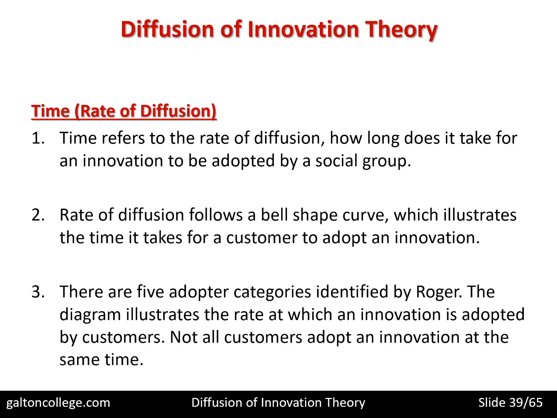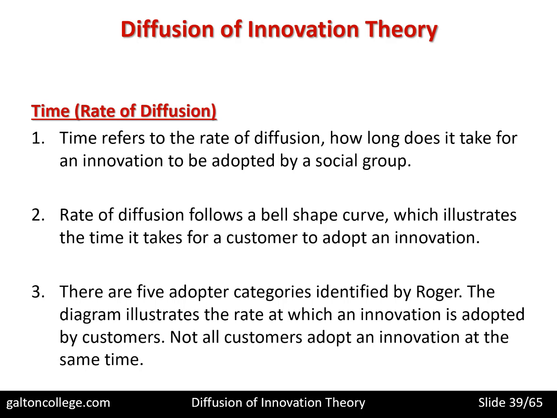There are 5 adopter categories identified by Rogers, and we'll talk about the diagram that's coming up soon, but it illustrates the rate at which an innovation is adopted by customers. Not all customers adopt an innovation at the same time. Some may hang back, some may love innovation and want to be the first to have it.